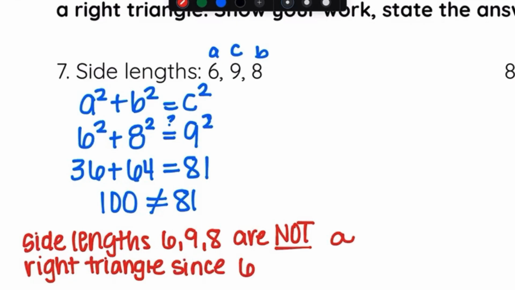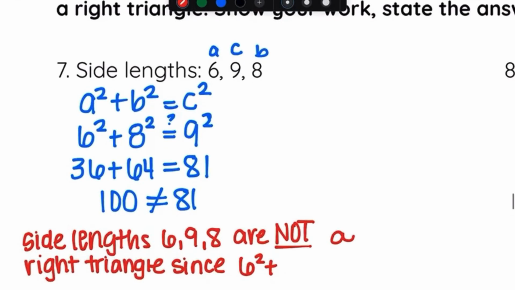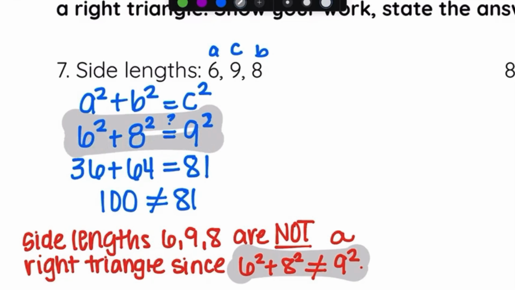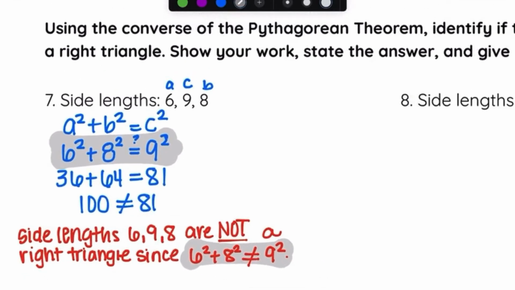So 6 squared plus 8 squared is not equal to 9 squared. So essentially we're just saying our Pythagorean theorem doesn't work. And in case you're confused, let me change colors there. I got this right here from this initial Pythagorean theorem statement, except instead of saying they're equal, I'm saying they're not because this did not work, okay?